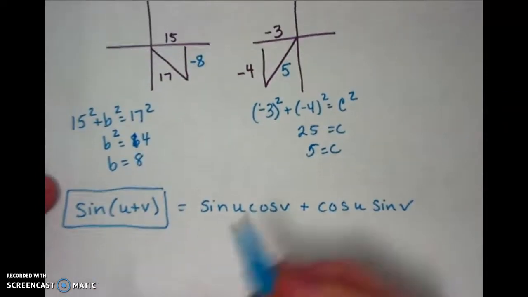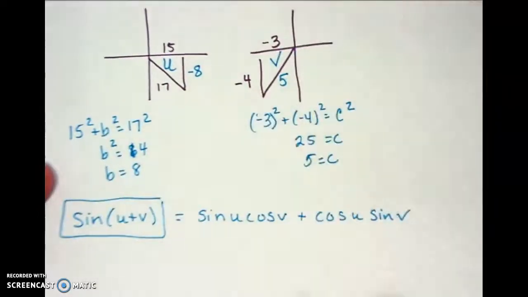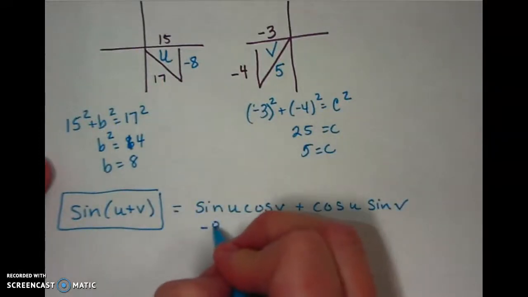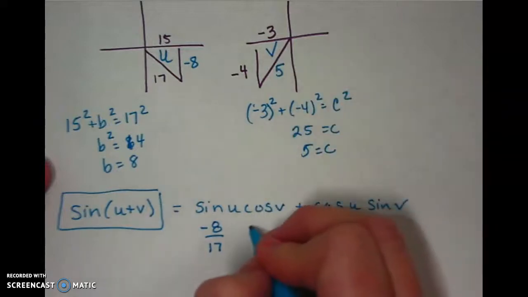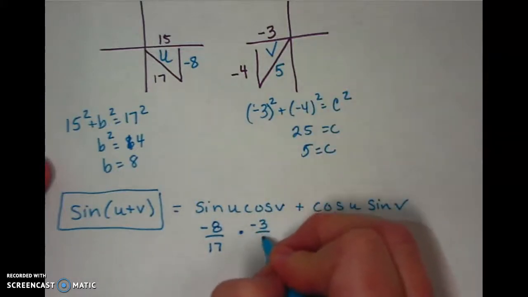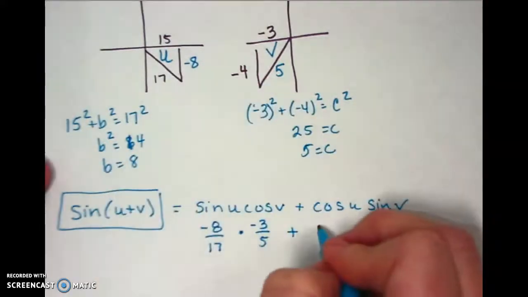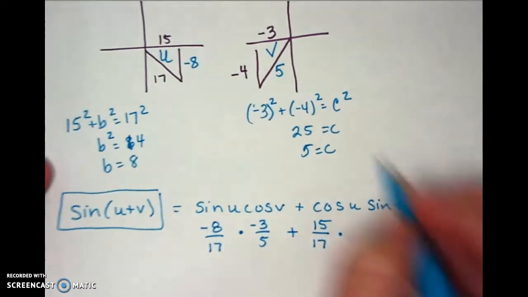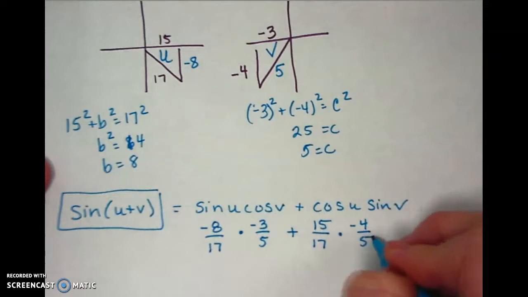And now this is my triangle u, this is my triangle v. So the sine of u is opposite over hypotenuse. The cosine of v is adjacent over hypotenuse. Plus the cosine of u is adjacent over hypotenuse, and the sine of v is opposite over hypotenuse.